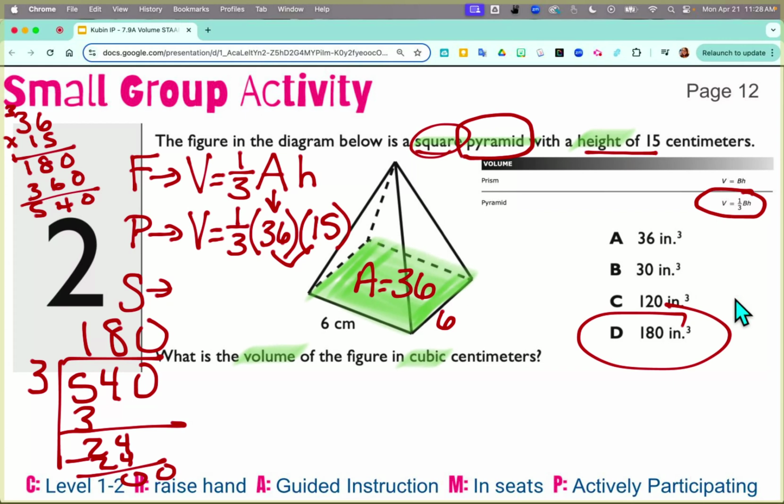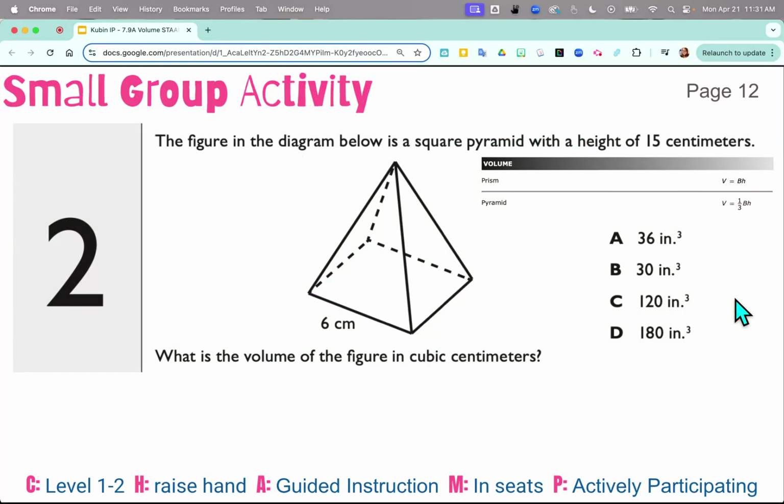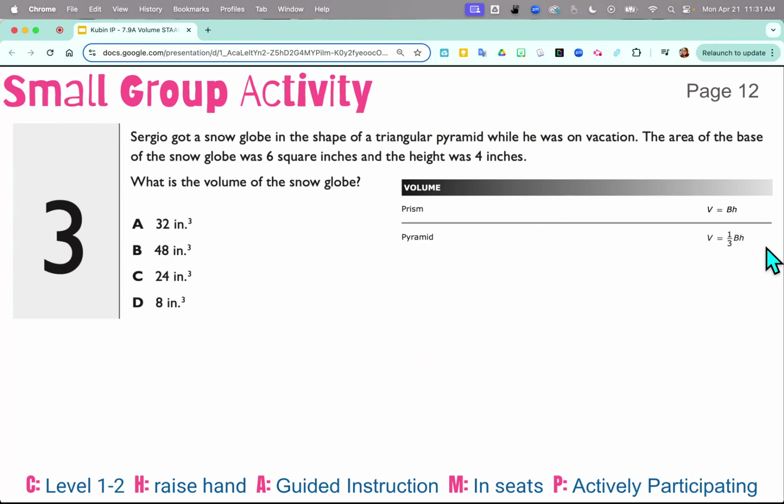Okay, speaking of word problems, let's do an actual word problem. Let's go to number 3. Sergio got a snow globe in the shape of a triangular pyramid while he was on vacation. Remember that's key. The area of the base of the snow globe was 6 inches, and the height was 4 inches.